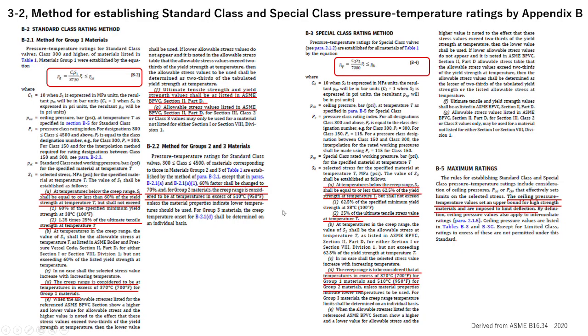Also for tensile strength, standard class is 1.25 times 25% of tensile strength, but in case of special class, 25% of the ultimate tensile stress value at temperature T. The creep range is considered to be at temperatures in excess of 370 degrees Celsius for group 1 material, same as the standard class, and 510 degrees Celsius for group 2 material.